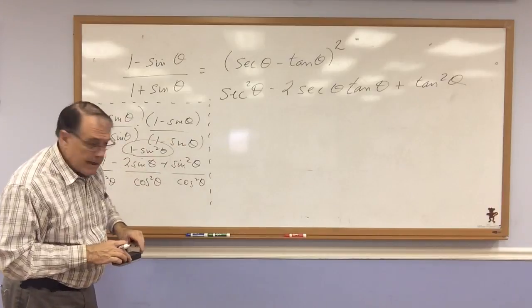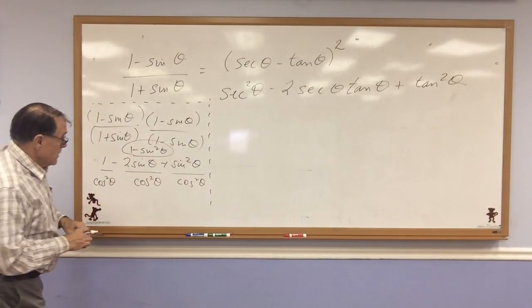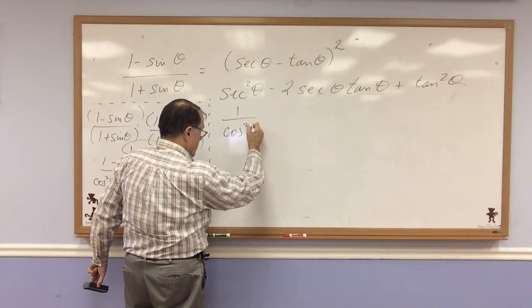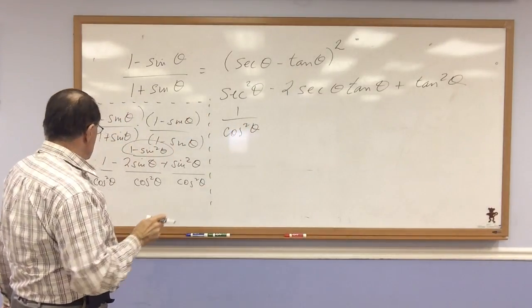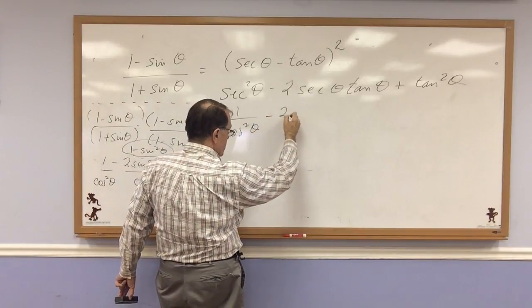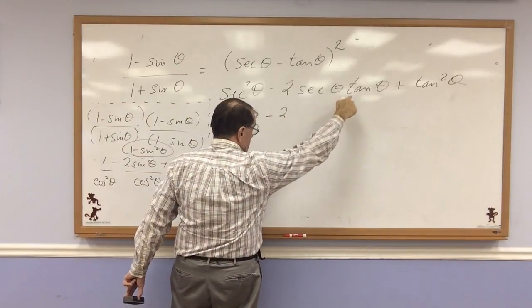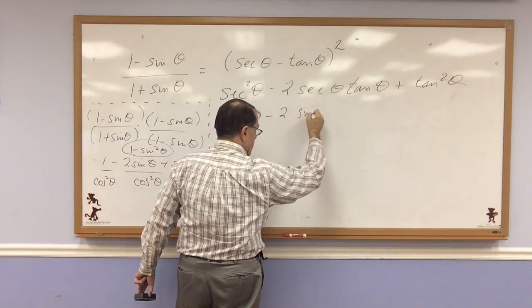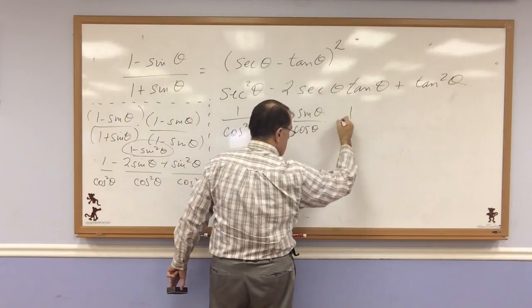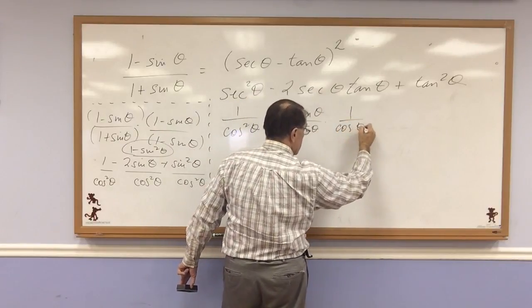So I'm going to come over here. I know what I want. So secant squared is 1 over cosine squared theta. I'm going to repackage this piece as 2 times tangent, which is sine theta over cosine theta, times secant, which is 1 over cosine theta.